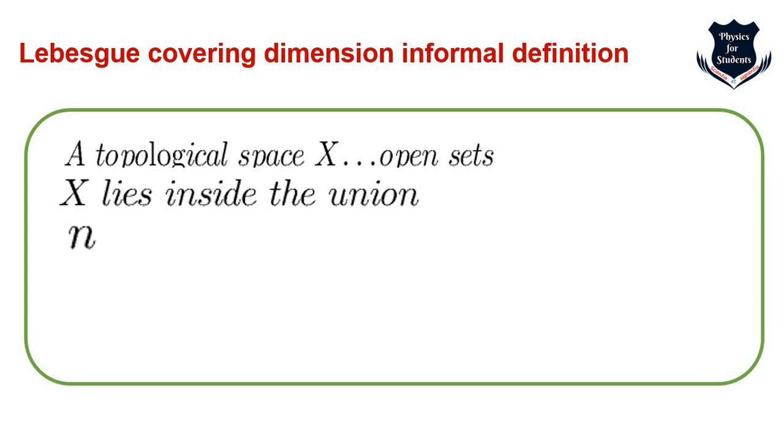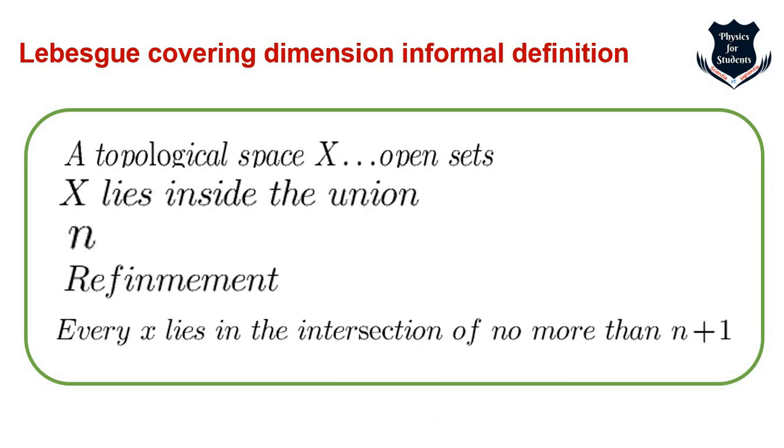The covering dimension is the smallest number, say n, such that for every cover there is what we call a refinement in which every x lies in the intersection of not more than n plus 1 sets. So that is more or less an informal definition of Lebesgue dimension. But note one thing, that it is not more than n plus 1. That means we are restricting the measurement, so we are trying to get a number which is topologically invariant.